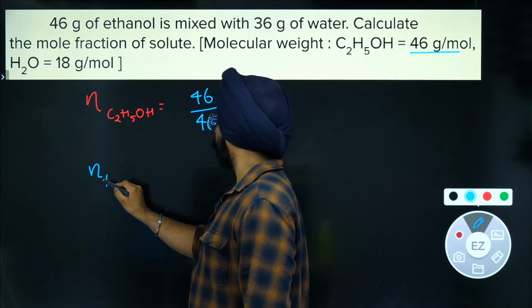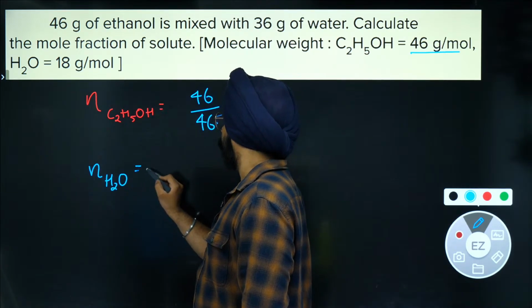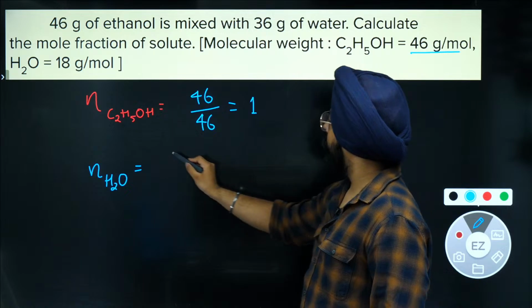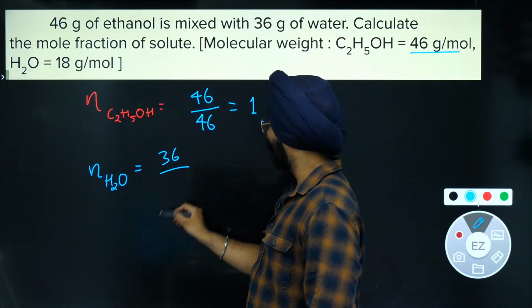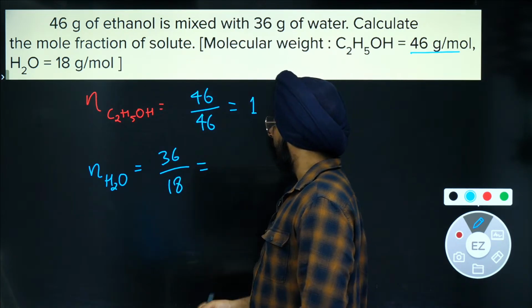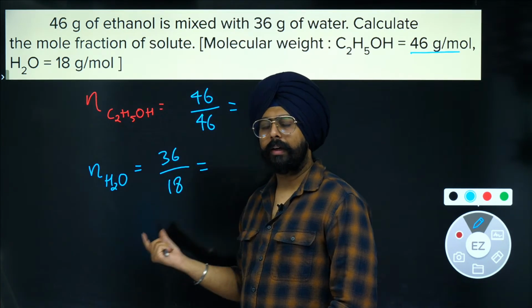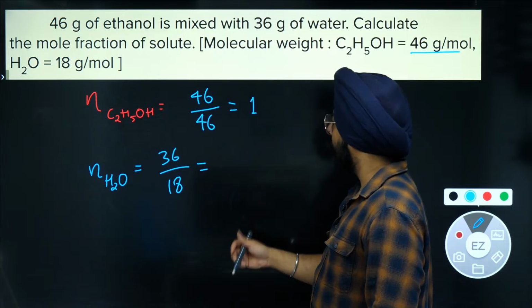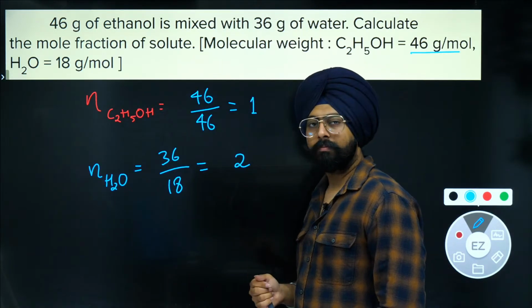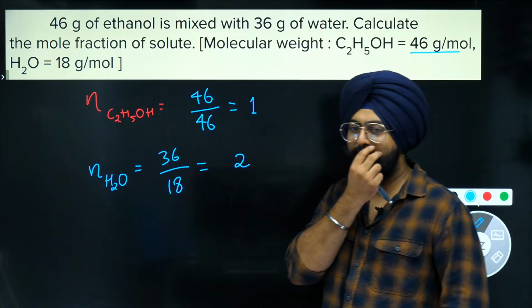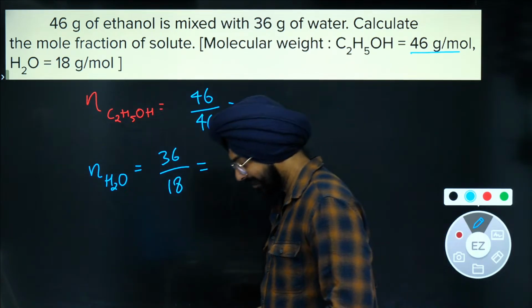How many moles of water do we have? Given weight, that is 36, divided by 18. If you know this complicated mathematics, you would know that the answer comes out to be 2. Very complicated mathematics.